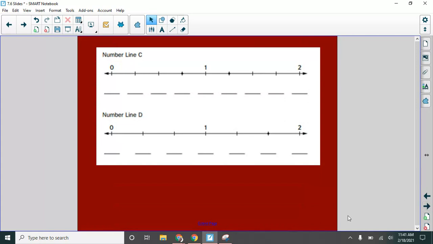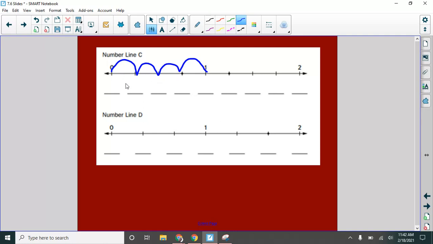Here's number line C. Watch me. You're doing the last one, but watch me. Jump, jump, jump, stop. I stopped at the 1, didn't I? And now I count my jumps. 1, 2, 3, 4.